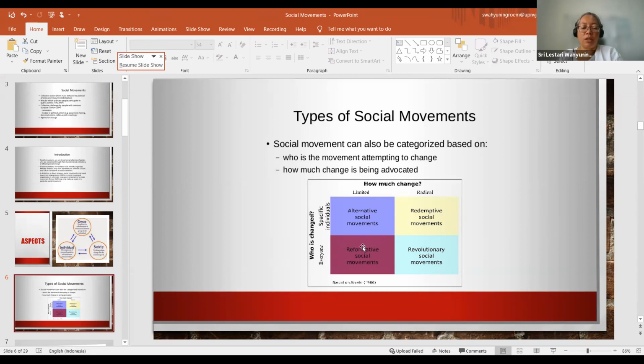Reformative social movements take place if you aim for change for everyone, and the change is limited. But if you want the change to be radical and you're aiming for everyone to be changed, then what you have is a revolutionary social movement. So you see here different types of social movements based on how much change you want and who is to be changed that you're targeting.